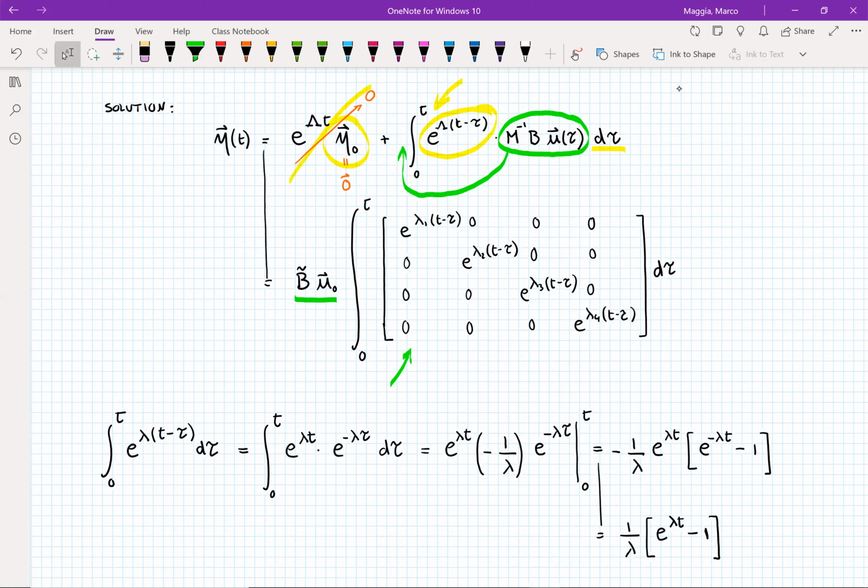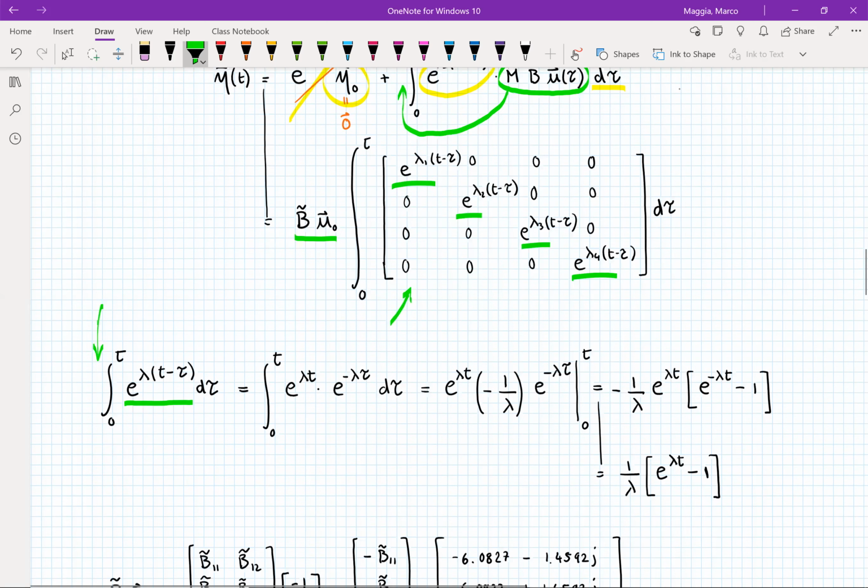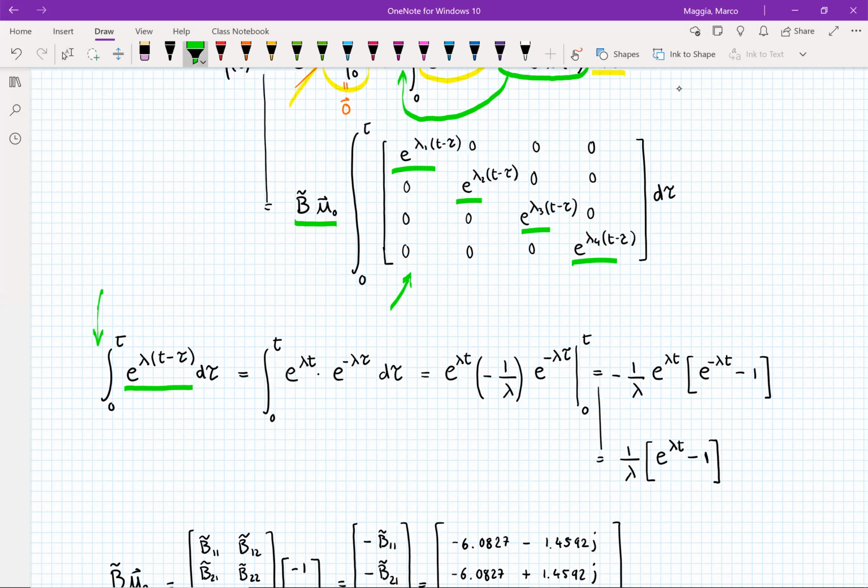And let's take in general the integral of e to the power of lambda times (t minus tau). And remember that lambda is the eigenvalue of A, whichever here. It doesn't really matter. I'm just solving for one of the diagonal elements. Well, you can follow the integration.